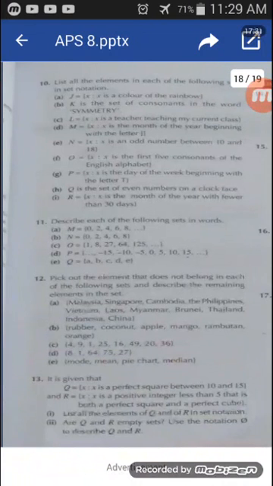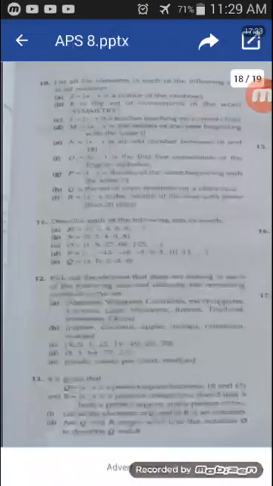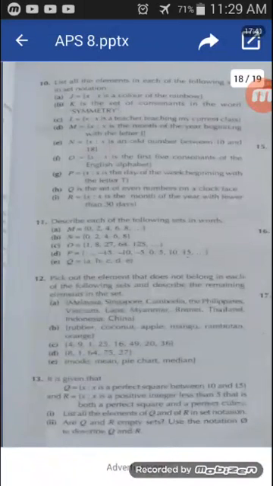And the set R is x such that x is a positive integer less than 5. You must know the beginning of integer numbers, plus minus 1, plus minus 2 and plus minus 3. But in this set it is said positive integers, so you pick positive integers only, like 1, 2, 3 and 4, because it is less than 5.